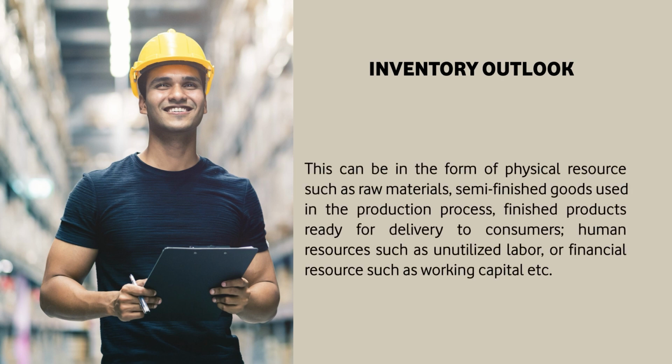This can be in the form of physical resources such as raw material, semi-finished goods used in the production process, and finished products ready for delivery to consumers; human resources such as unutilized labor; or financial resources such as working capital. So this is the outlook of the inventory.